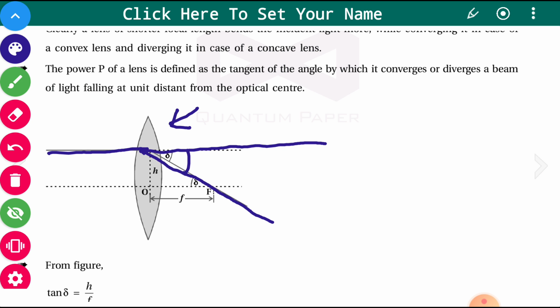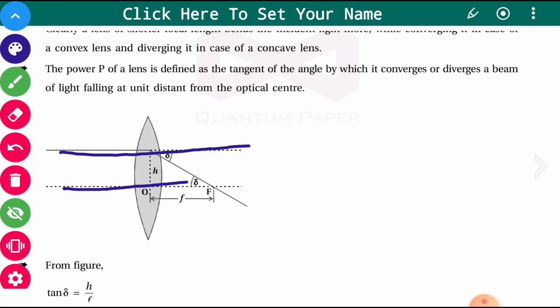It changes direction by an angle delta, and as you know, this line and this line are parallel, so these are two alternate angles. If this angle is delta, then this has to be delta too.